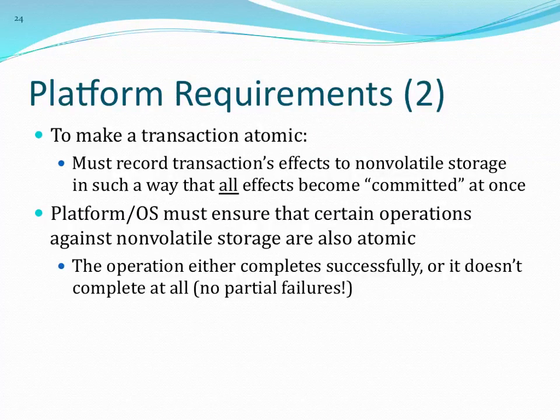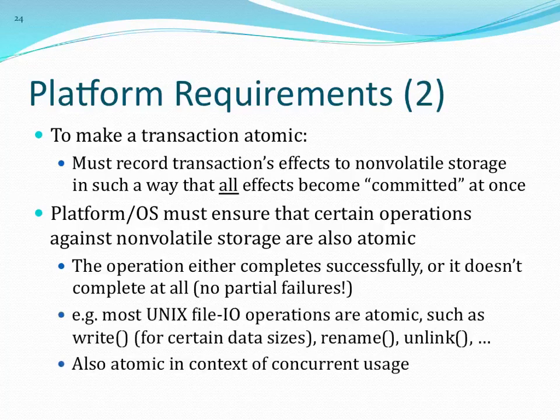Now there's other operations that need to be atomic if this is going to work. Like I say here, the operation either completes successfully or it doesn't complete at all. There's no way to have a partial failure. And again, if you look at Unix file I/O operations, you'll notice that there's certain things where it says, this is atomic. Renaming a file is atomic.